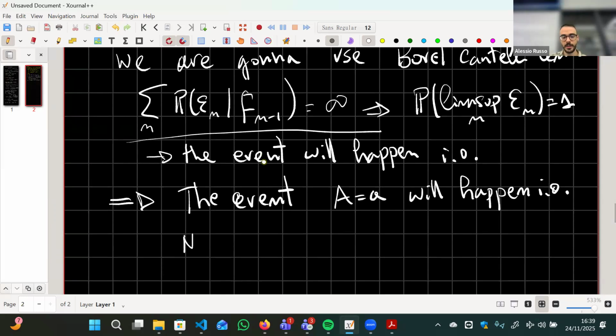So whenever we are in state S, we can guarantee that the number of times we sampled action A in that state S will go to infinity.